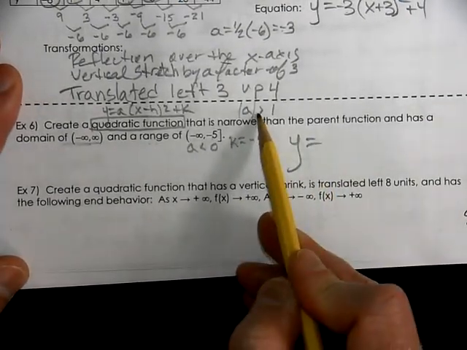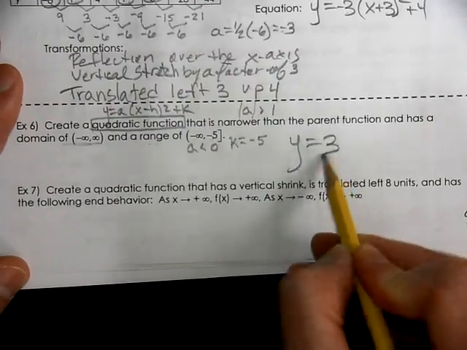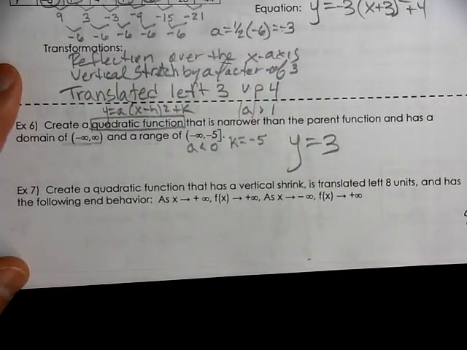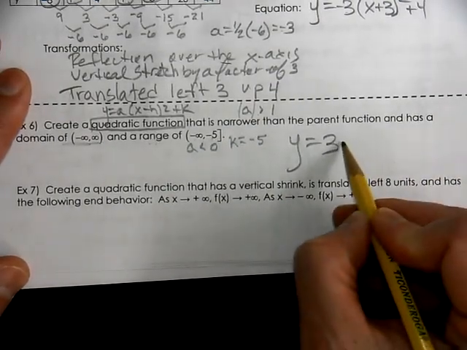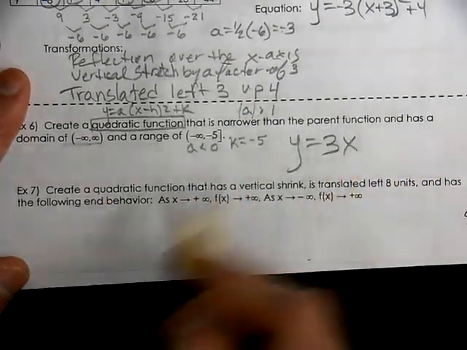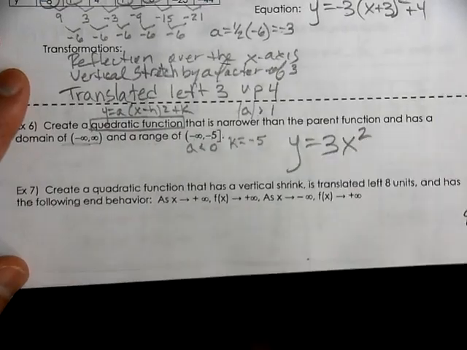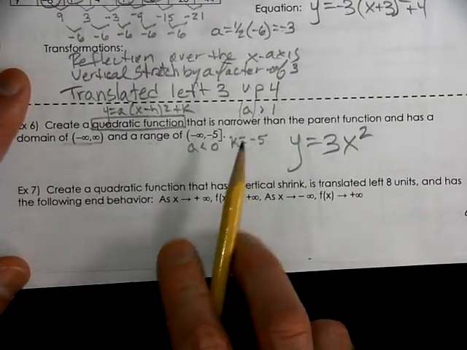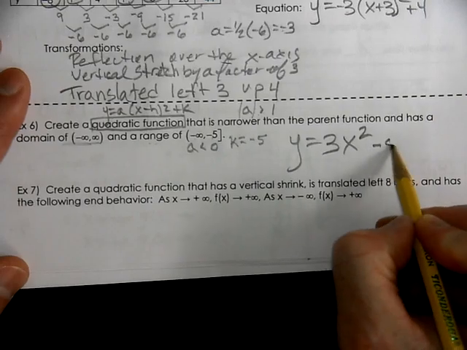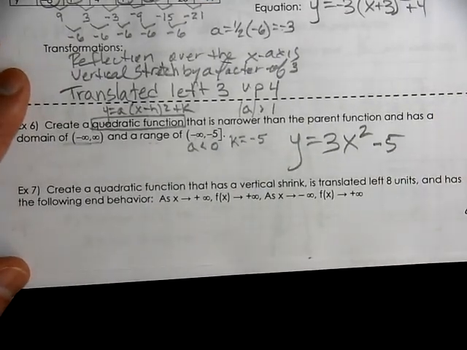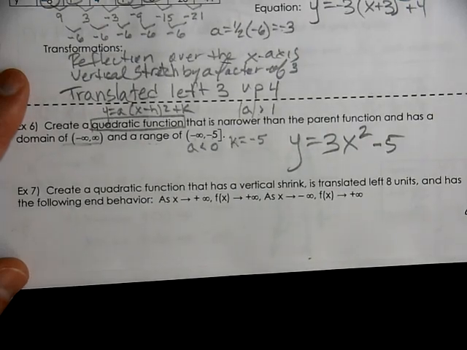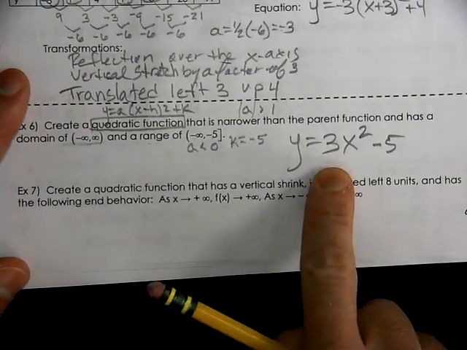So y equals an a value bigger than 1. Pick any number you want. It doesn't say anything about a horizontal change, so I'm just going to say x squared. But I'm going to move my graph down 5. There's an equation that matches those requirements.